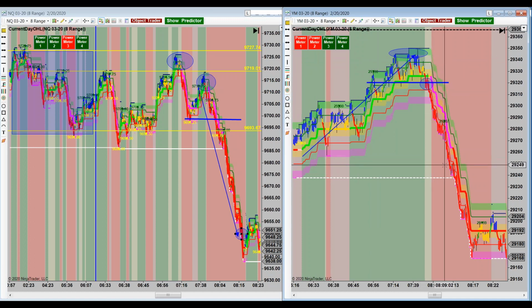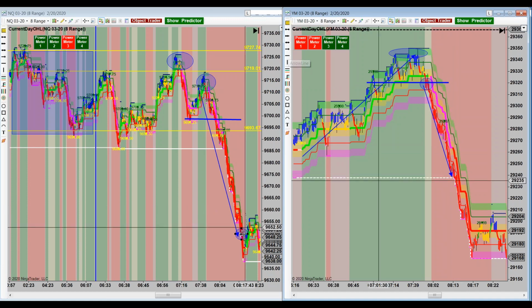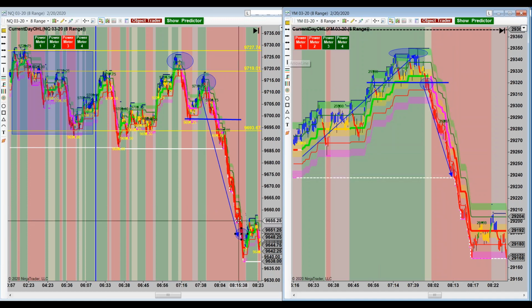And so here is 809. Here is 802, 805. When did she get to her low of the day? That was breached at 814. She got here at 813. NASDAQ was all the way down here at 813.